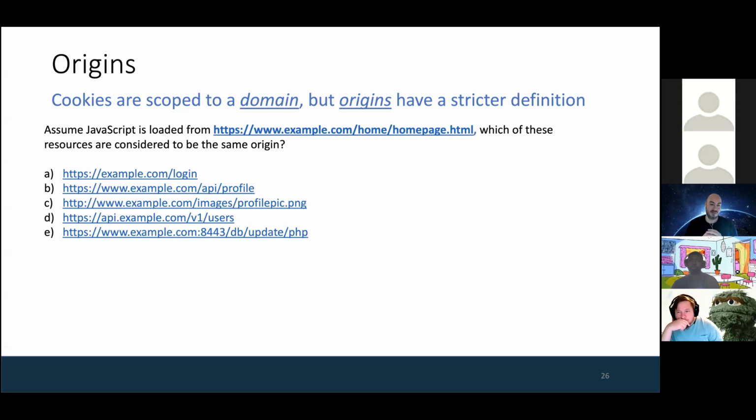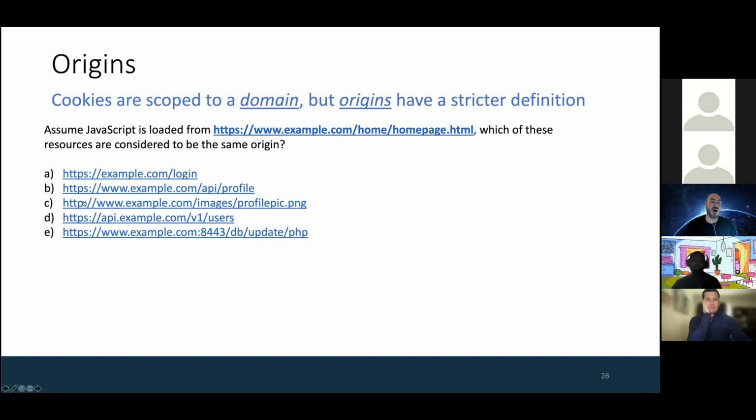The port is not distinguished between C and E. Well, C is 80 because it's running HTTP. HTTP means inherently it's port 80. E is explicitly saying 8443. Okay. I would say E probably. Yeah, I'd agree with B. Anybody else want to take it? Okay, B and C are the same.